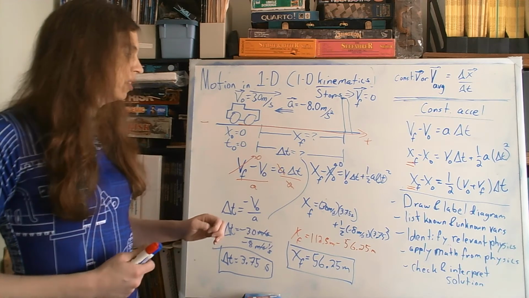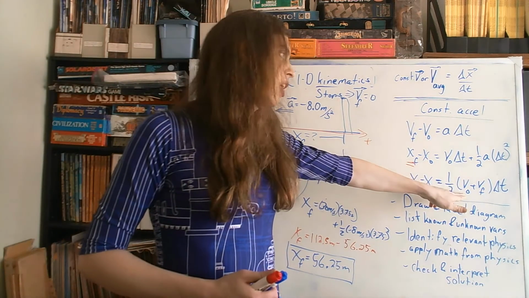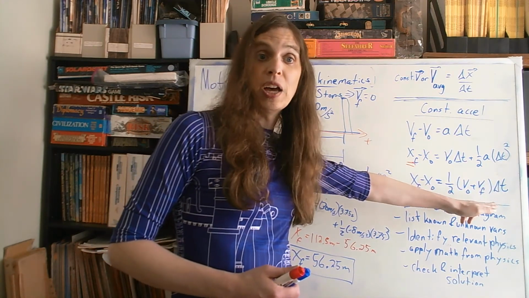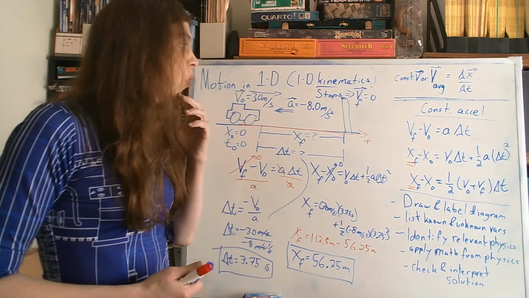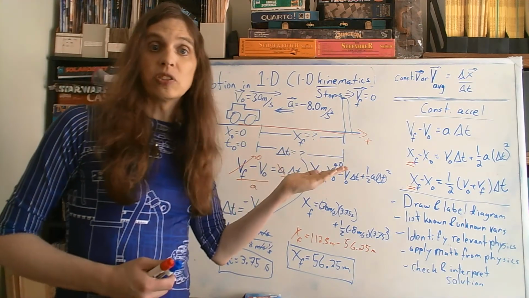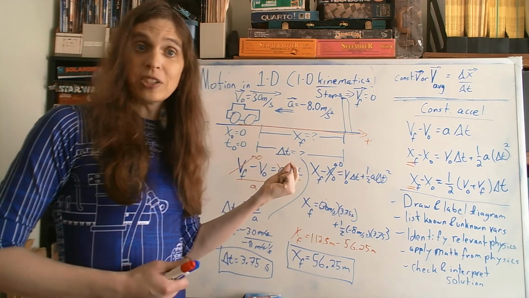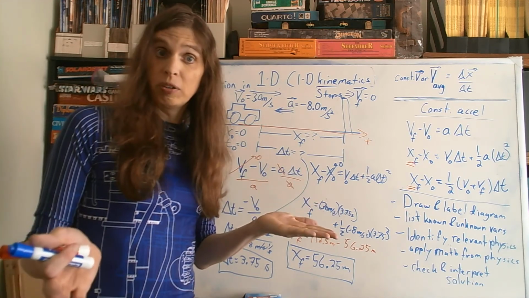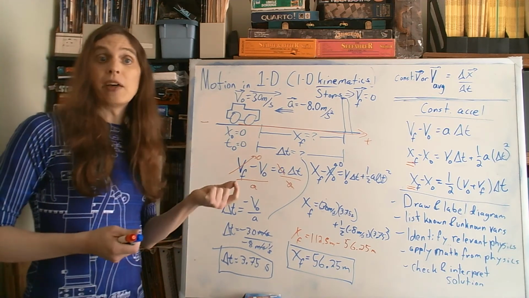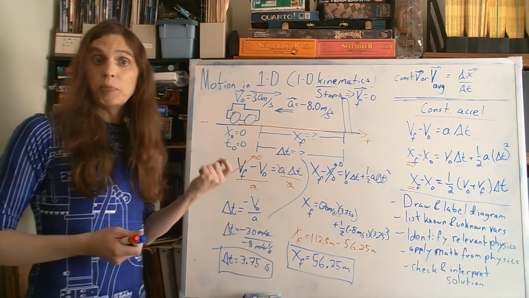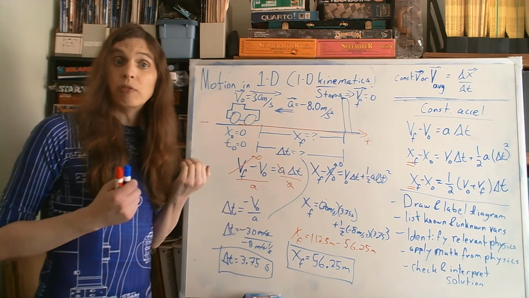If I had thrown in the wrong equation, like if I had used this equation and kept it the way it was before with no time and with speed squared up there, then we would have had final answers with units of meters squared per second squared for a distance. And that would tell us that we were wrong. So it's useful sometimes to do the math on the units. It can help you catch some careless errors, like the one that I made at the beginning of the video.